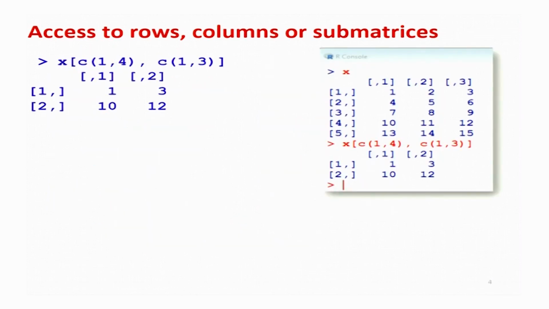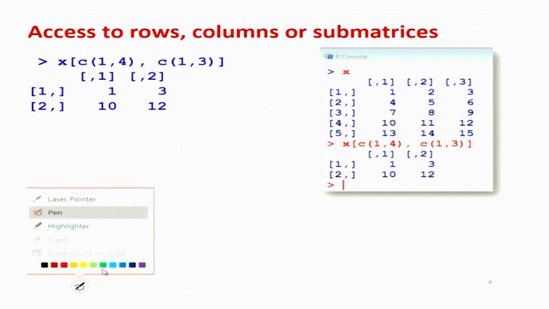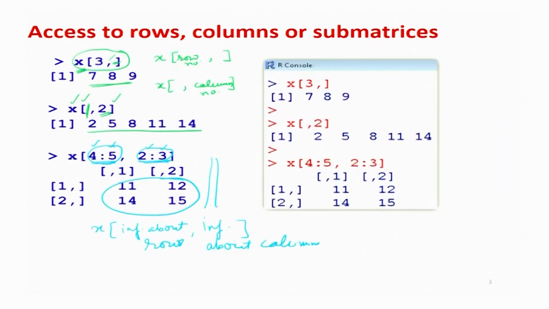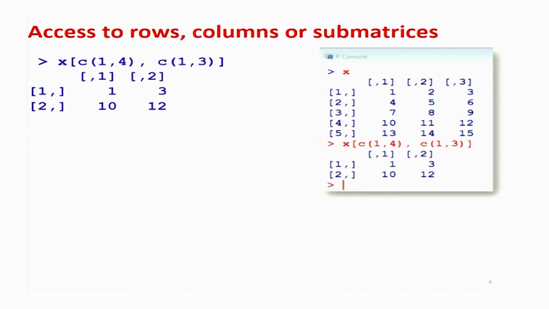Okay. Now, similarly, in case you want to access any particular rows and columns, for example, here I have taken rows which are 4th and 5th, they are in continuation, and columns 2nd and 3rd which are in continuation. But suppose you want a sub matrix in which you choose the elements available in the 1st row, 4th row and 1st column and 3rd column.